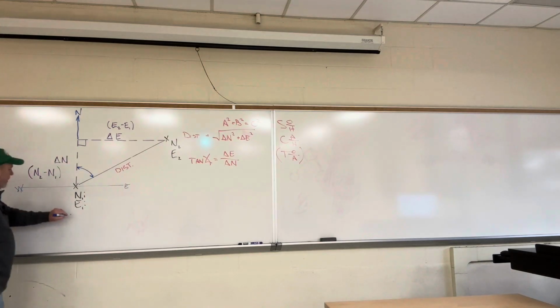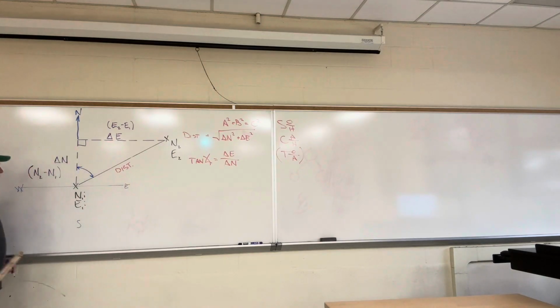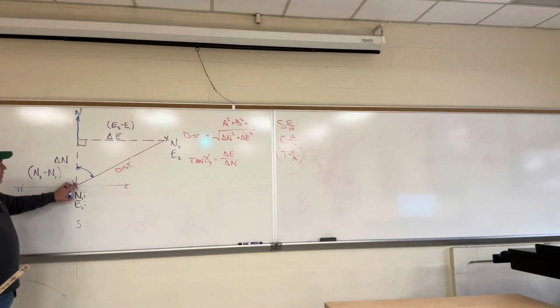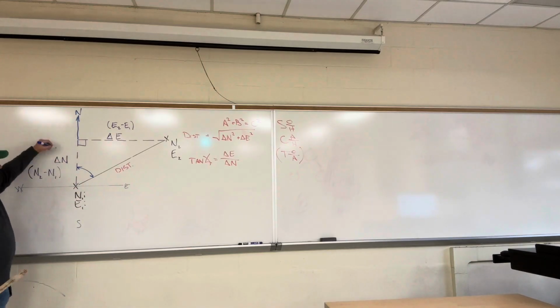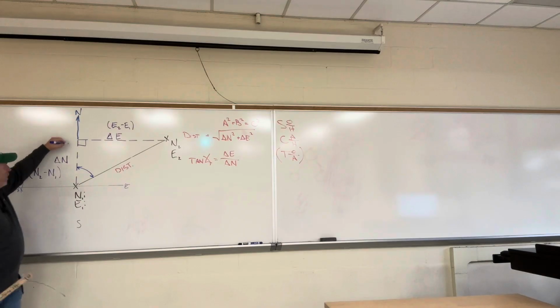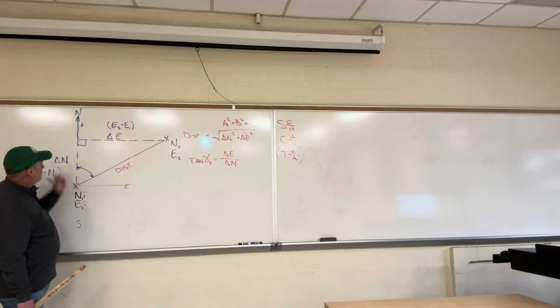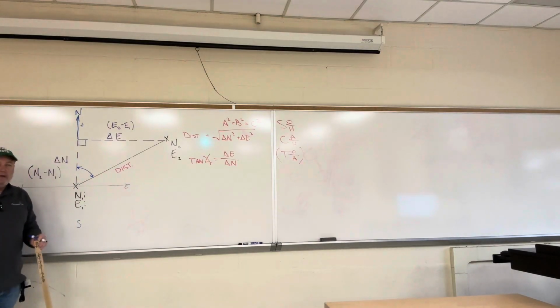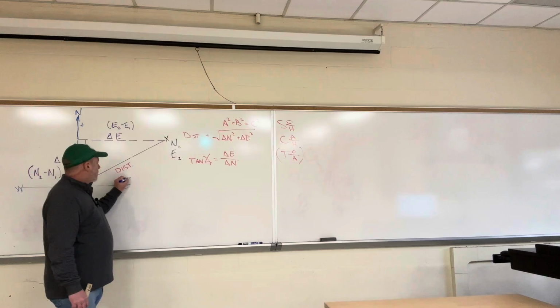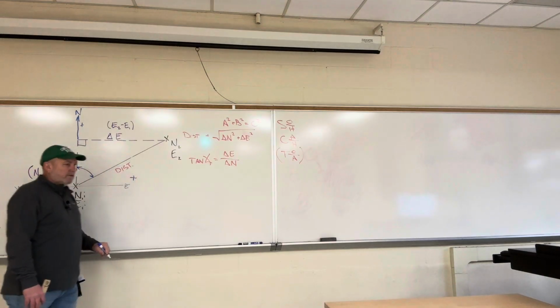North, south, east, west, heading down this way. When your northings increase, you're going north, they're going to be positive. North is positive. When you're heading east, your eastings are increasing. They are going to be positive.